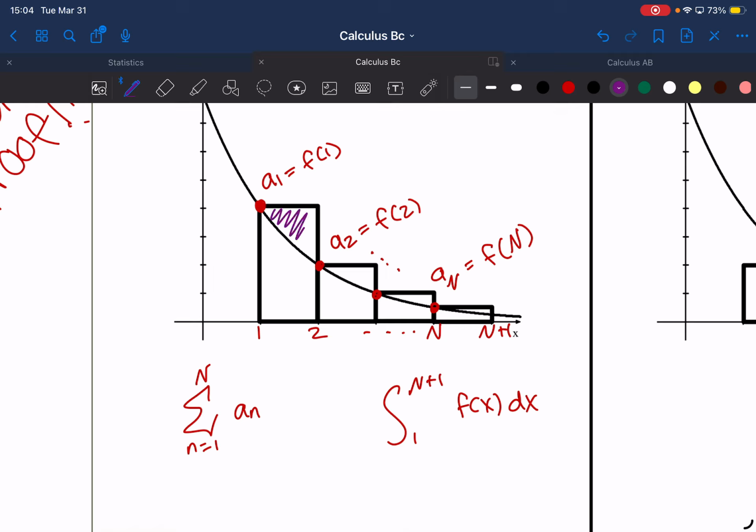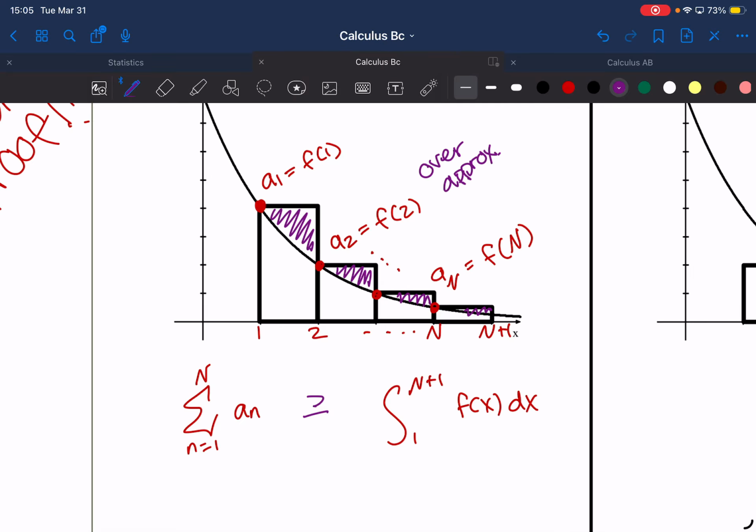We have a lot of the part of the rectangles that are above our area. So all of this is representing an over approximation, which means if we were to solve both of these areas, which one would be more, the summation or the integral? The summation, so it's greater than or equal to.